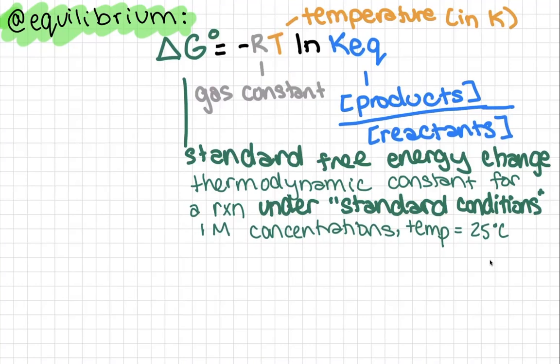Basically, it's saying that you can relate the standard free energy to the concentration of your products over reactants at equilibrium. So remember, we're talking at equilibrium. This is the Keq. Keq is at equilibrium. You can get that ratio by taking the gas constant times the temperature in Kelvin times the natural log of your Keq.